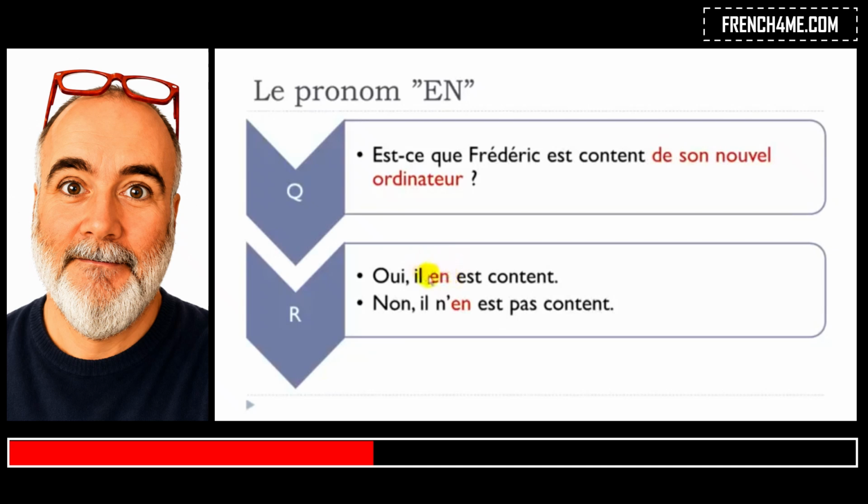All right, so en, same thing here, before the verb, and then after that, of course, you continue your sentence because satisfied should be in the answer. Okay, so oui, il en est content. Negative form, non, il n'en est pas content. So same thing, en stays before the verb, and then you've got the first part of the negation ne, but then is going away. All right? Oui, il en est content. Non, il n'en est pas content.